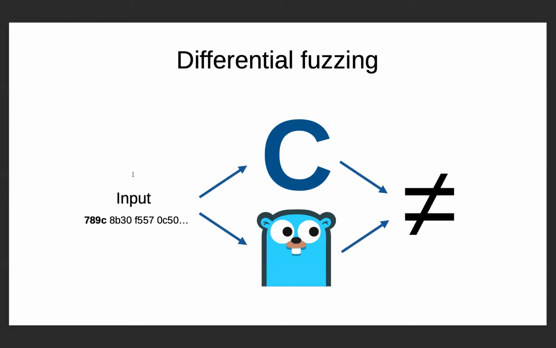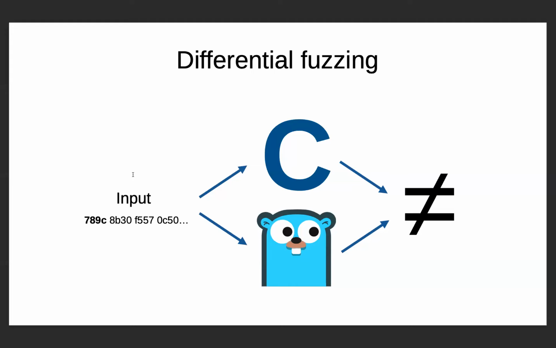What is differential fuzzing? I don't really need to introduce it because we had a nice introduction in the keynote. However, for our case here, we have our inputs that are generated by the fuzzer, and they will be provided to the two different versions of a program. In this case, the same library, either written in the C language with C-Go bindings used through Go, or the one that's natively written in Go.